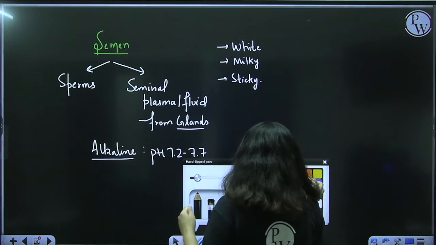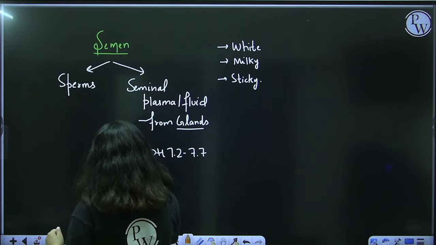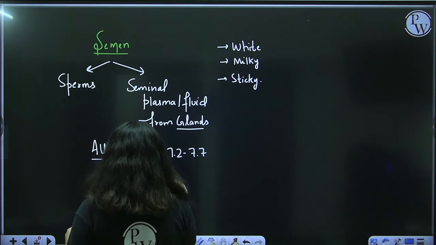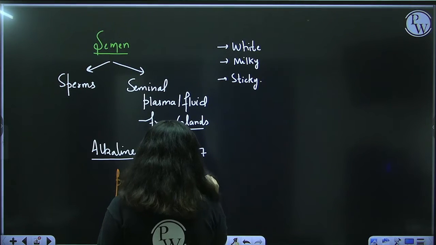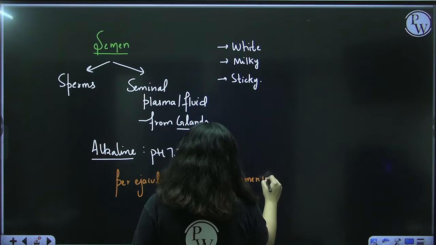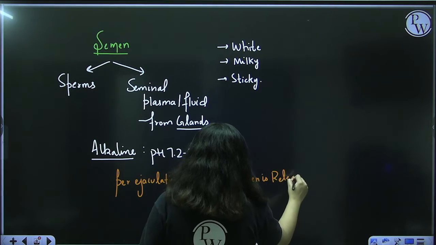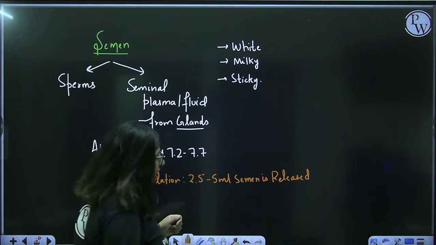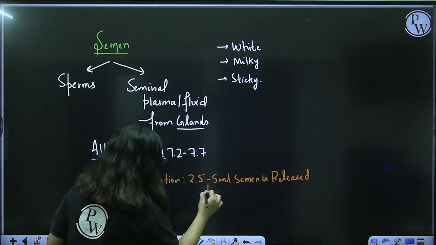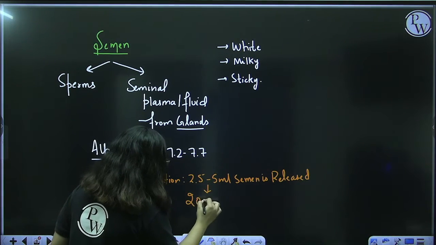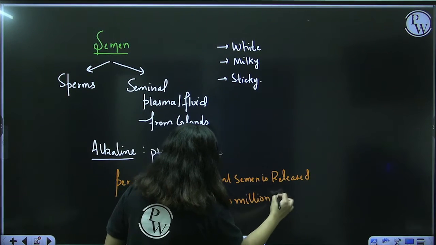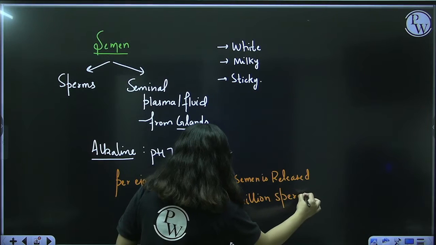Per ejaculation, 2.5 to 5 ml semen is released, and this 2.5 to 5 ml of semen contains around 200 to 300 million sperms. How many? 200 to 300 million sperms.